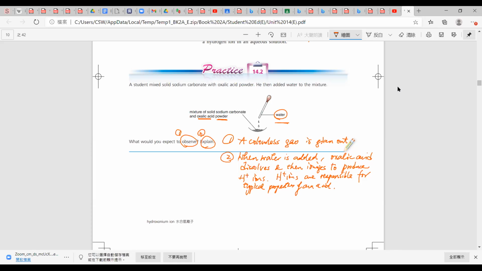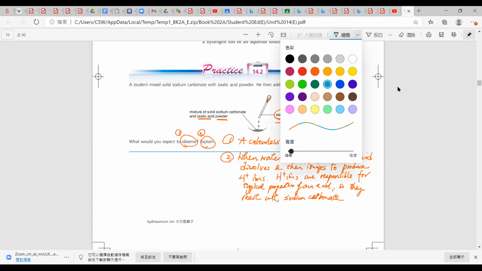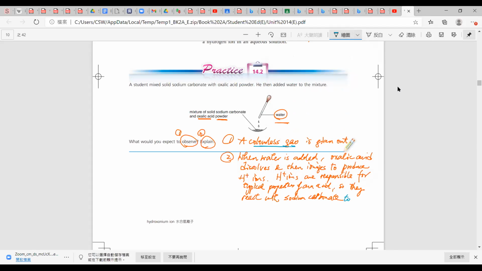What does that mean? It reacts. So the hydrogen ions react with solid sodium carbonate. Can you relate the term to the colorless gas? What is the colorless gas? Carbon dioxide. Yeah, to give out carbon dioxide.